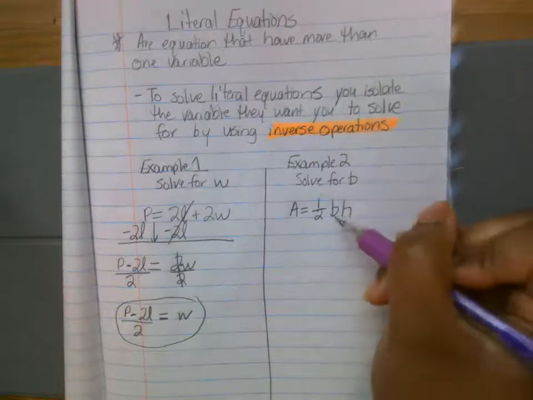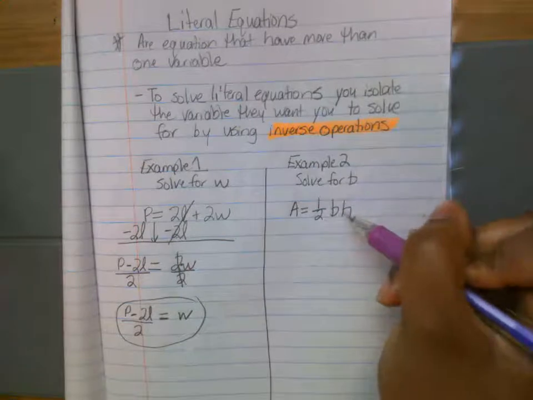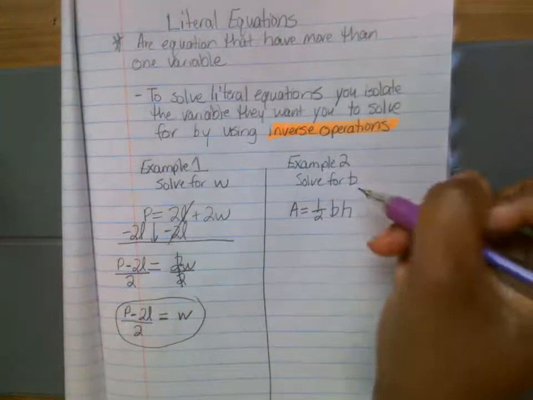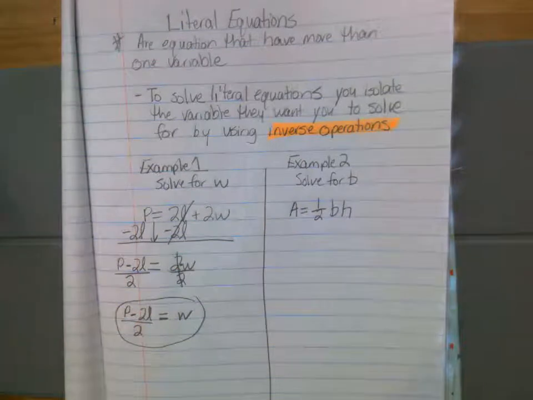Your B in this formula stands for base. Your H in this formula stands for height. So when they say solve for B, they're asking you to solve for the base.